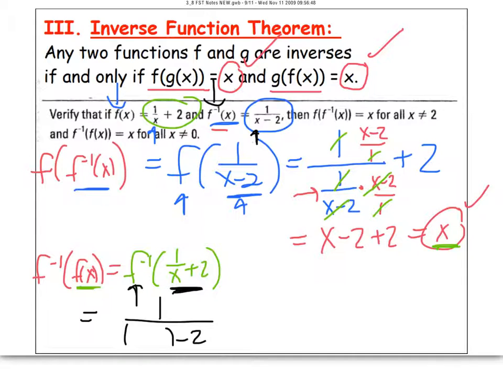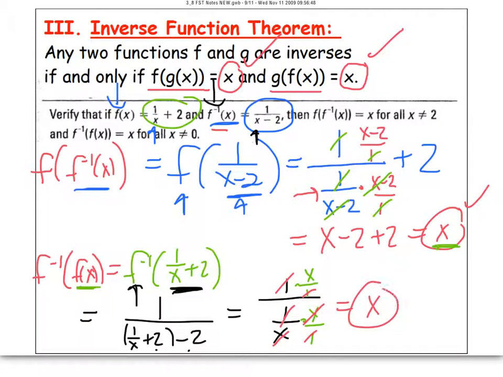This goes in its place, so 1 over x plus 2. This plus 2 and minus 2 cancel, so we have 1 over x. To get this out of the bottom, multiply by the reciprocal. Cancels out nicely. You're left with x. So yes, these two are inverse functions of each other.